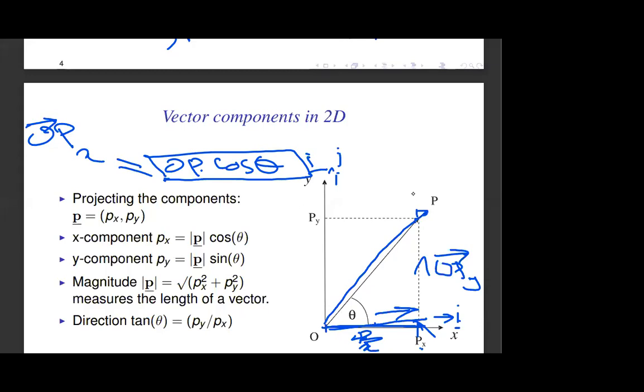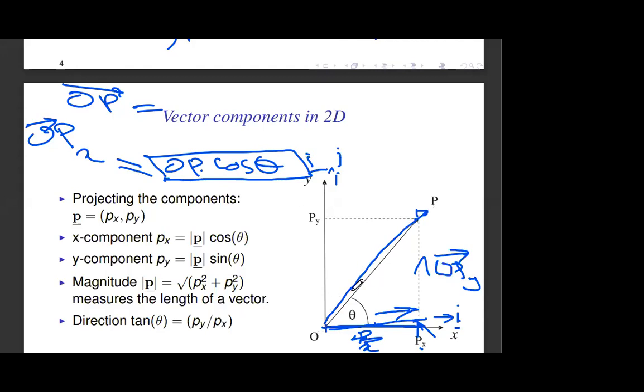Then you can find the vector OP. The vector OP would be OP cosine theta times this unit vector, plus OP sine theta times this unit vector.